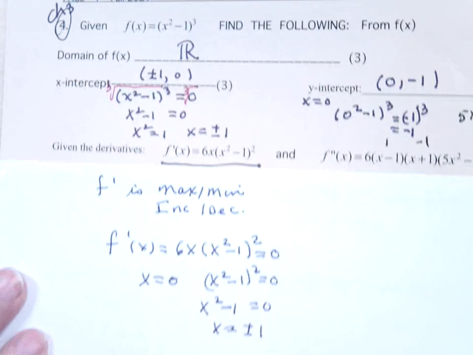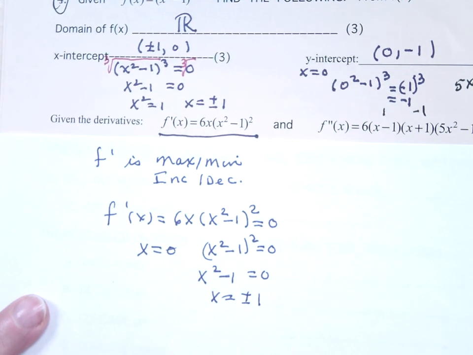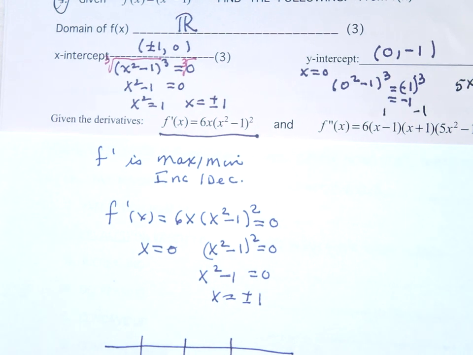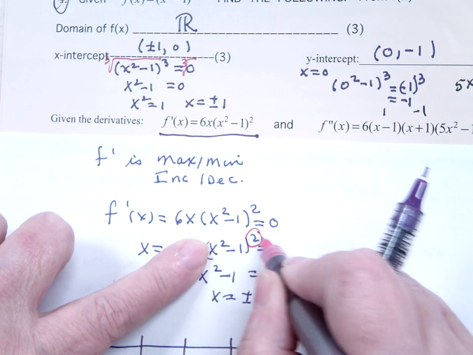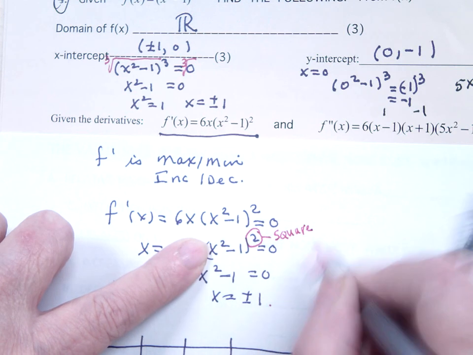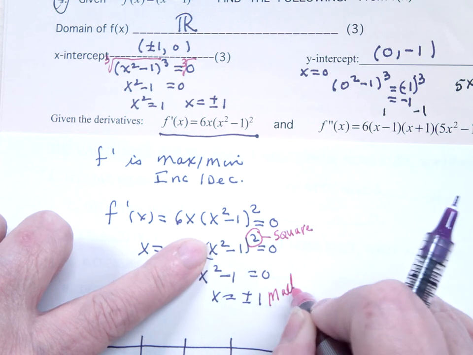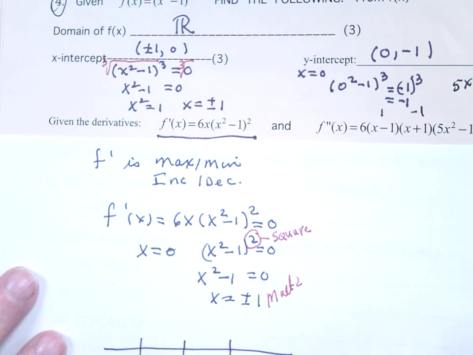So I have three critical numbers, 0 and plus or minus 1. By the way, plus or minus 1, because this thing is squared, these guys are multiplicity 2, so there's no change. But if you don't see that, that's okay too, because you can just pull test points.